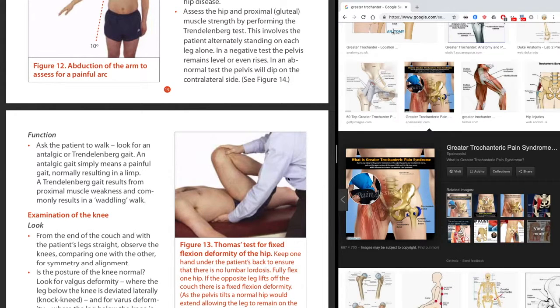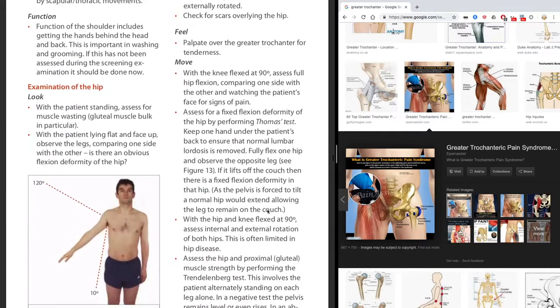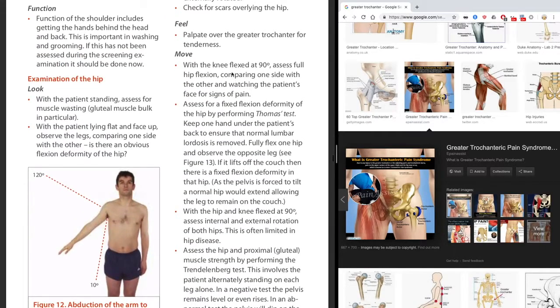If the left leg lifts above the bed, it means that the hip is unable to extend to keep the leg on the couch. So the leg will be raised, and this indicates fixed flexion deformity of the left leg. Right. So Thomas's test, flex.